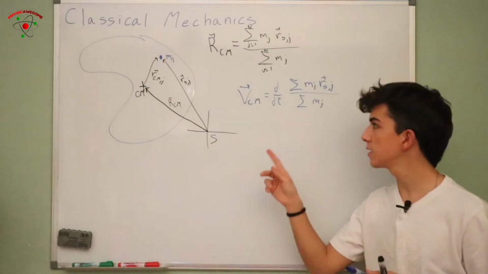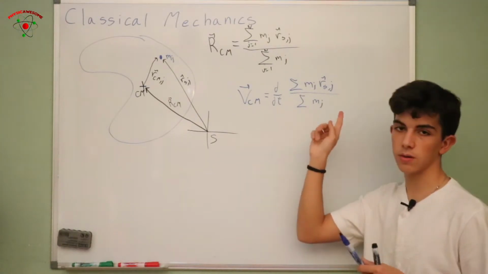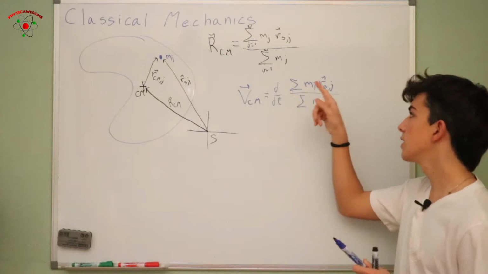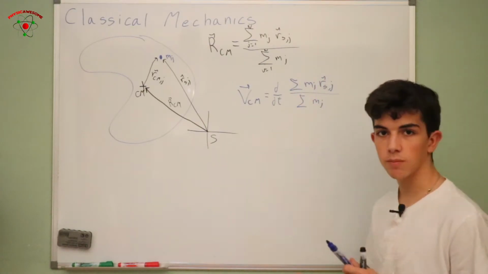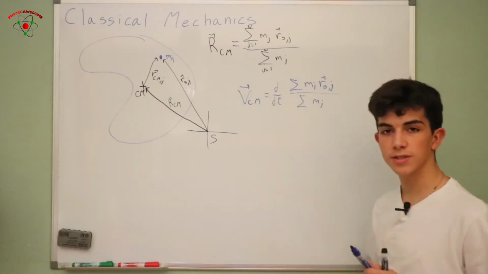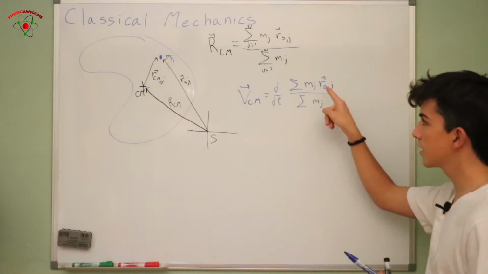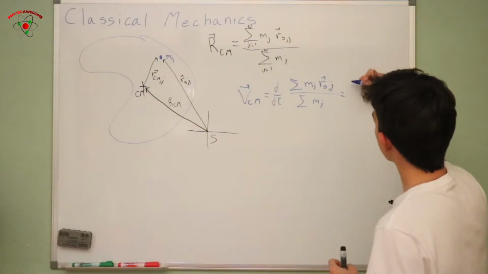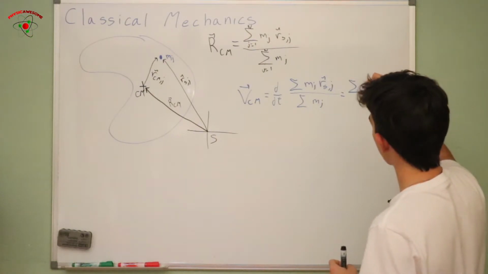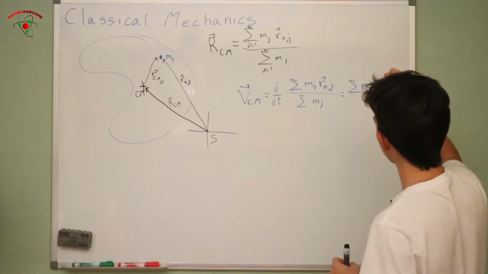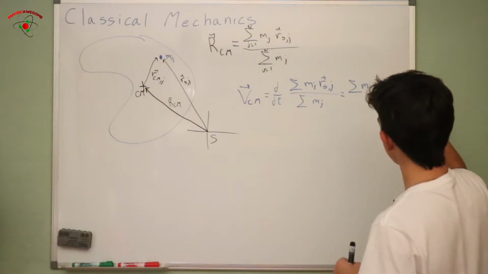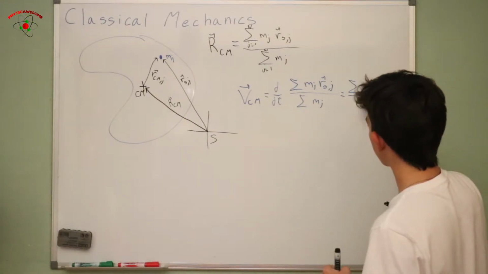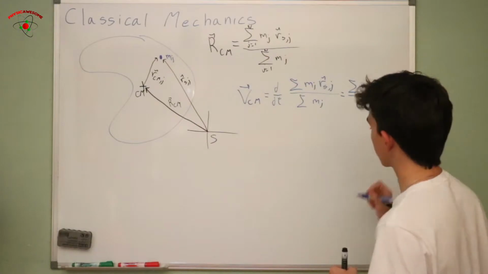We can see that the d/dt doesn't affect our sum of m_j, the total mass. It doesn't affect neither that m_j above, and it distributes over the sum. So it goes through till it hits this r_S,j, and we get that this is m_j times v_S,j over the sum over m_j.